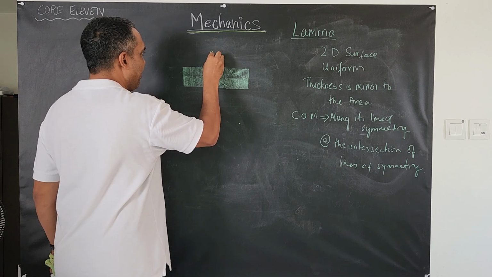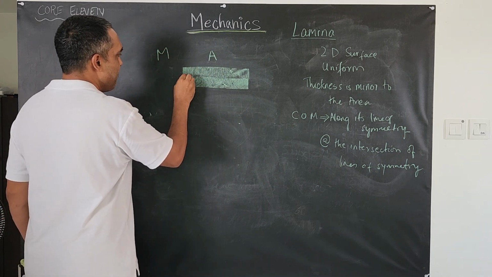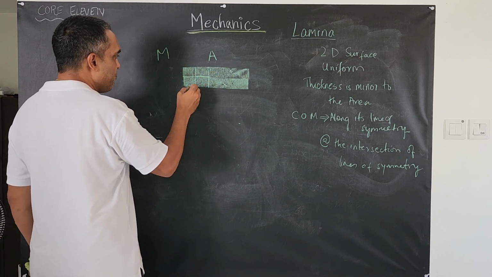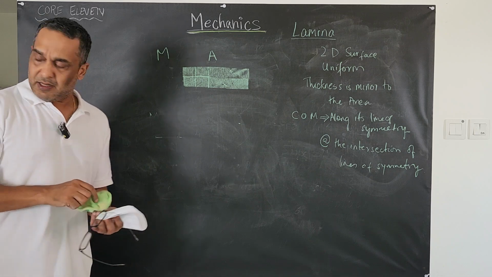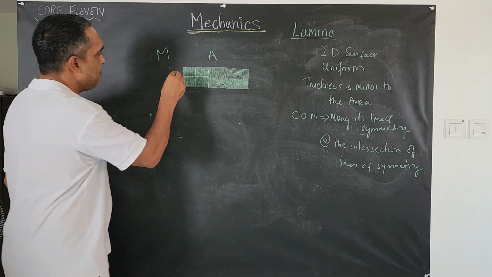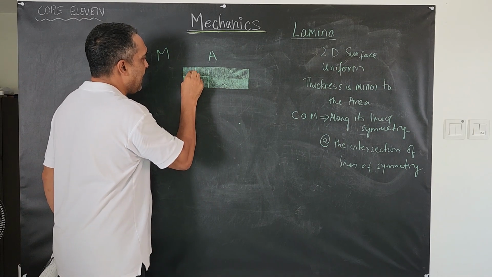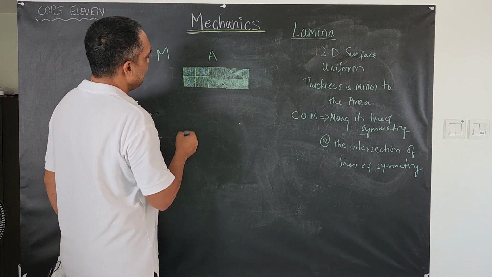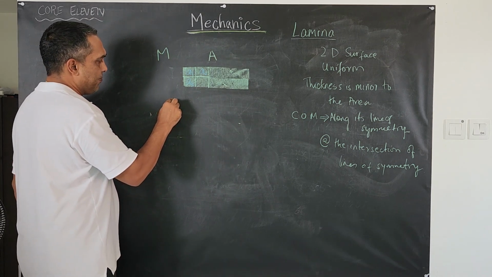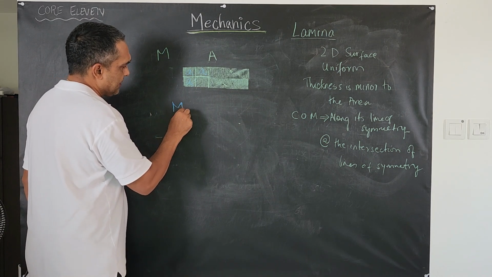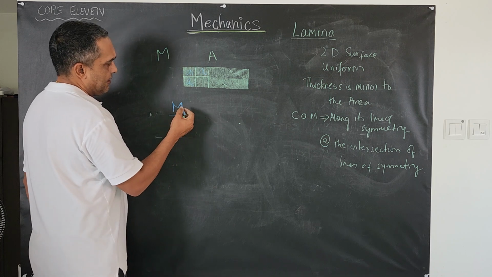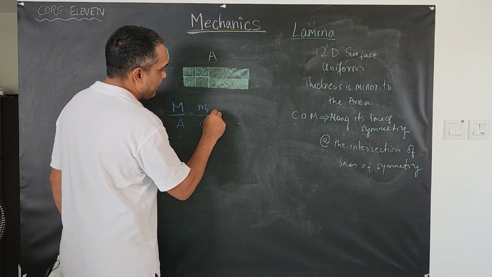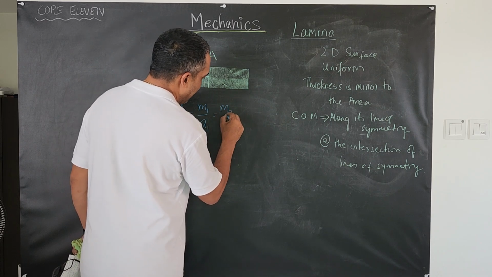Say this is a lamina of area A and mass M, and I box this lamina out into several smaller areas A1, A2, A3, whatever. I would still have the same relationship, mass by area, and I would be able to write mass 1 by area 1. So the relationship and the proportionality doesn't change.